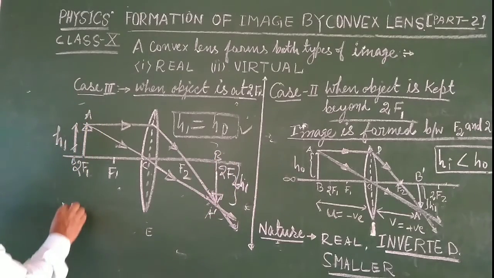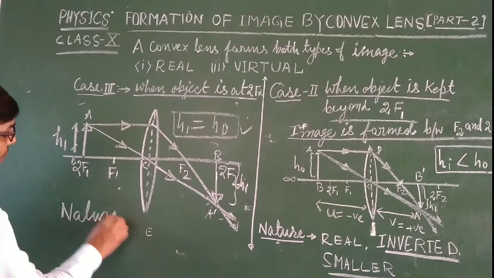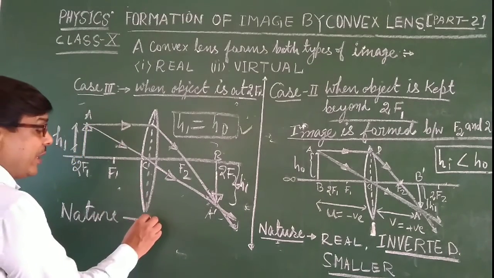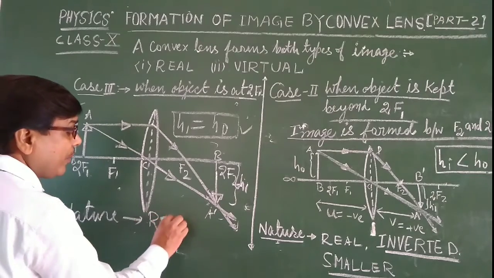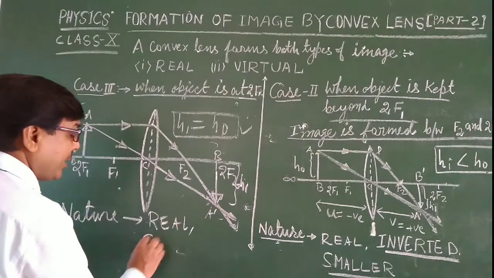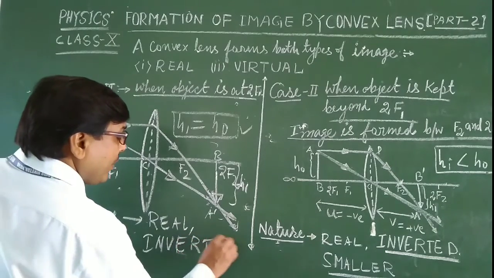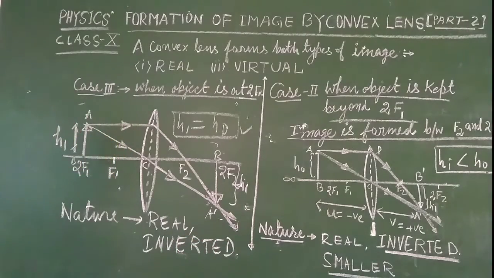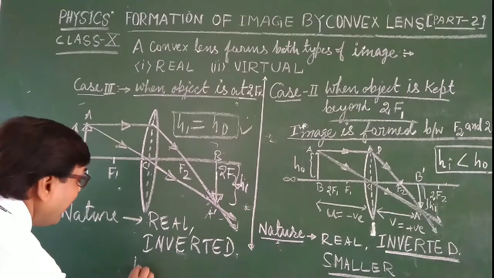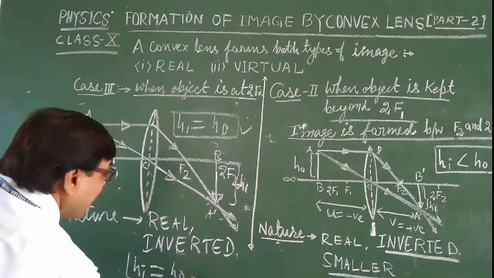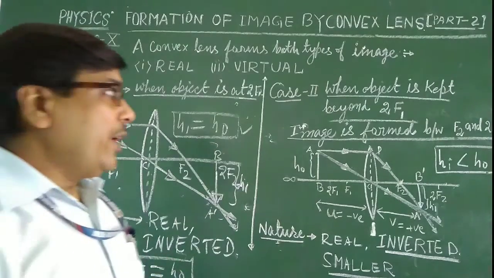The nature of the image is real, inverted, and of the same size. HI is equal to HO.